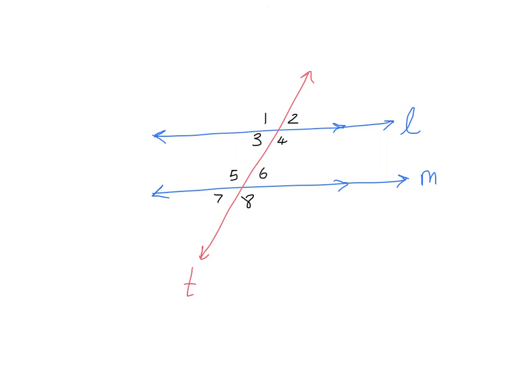The final relationship that we're going to look at before we look at an example today is consecutive interior angles. Our interior angles are 3, 4, 5, and 6. The consecutive interior angles are on the same side of the transversal. So we have here 3 and 5. They are consecutive interior angles. So let's write that down. Consecutive interior.